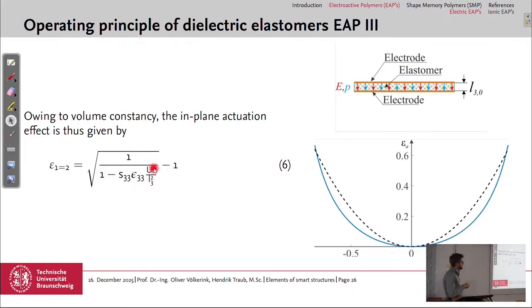So this is the applied field again, and if we plot it, we get this blue line. It's not an actual material, but just to give you an impression about how it behaves. We have the applied field here and the strain in this direction, and it doesn't matter in which direction we apply the field. It gives us the in-plane stretching.